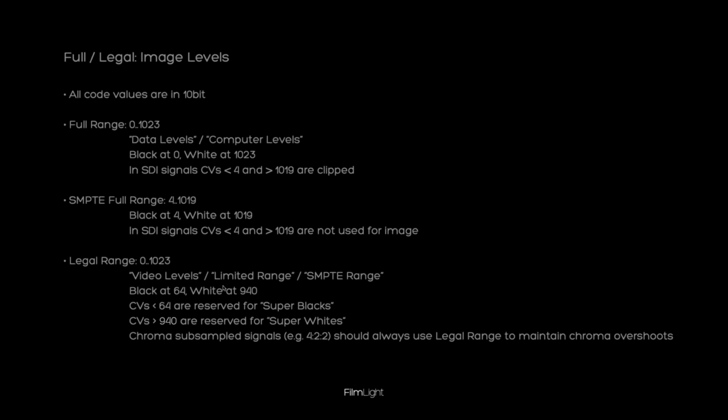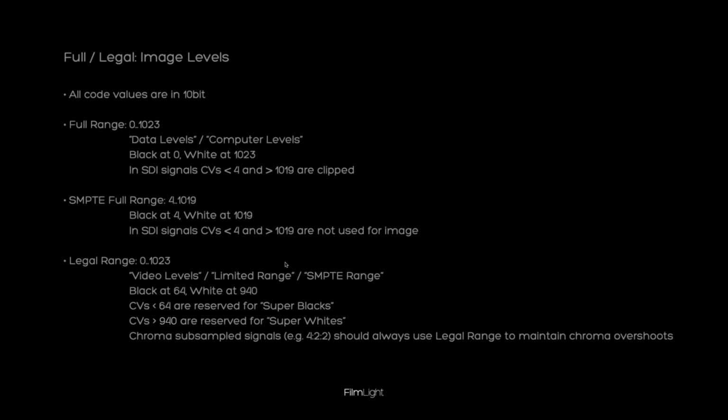And legal range is also called video levels, limited range, sometimes also called SMPTE range. This signal also has a range of 0 to 1023, but reference black is at 64 and reference white is at 940. And the code values below and above are reserved for the super blacks and the super whites.